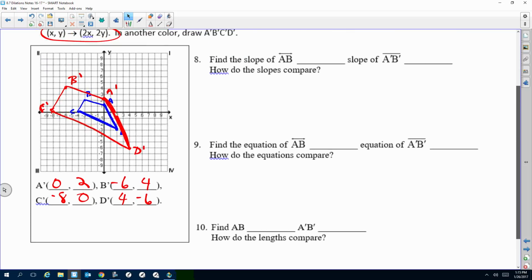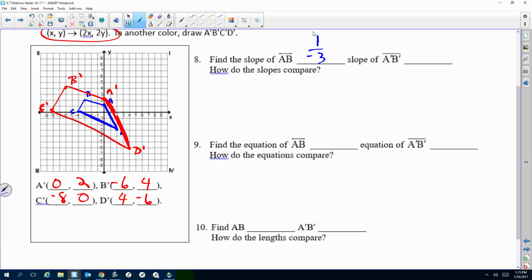Okay. They want us to find the slope of A to B. So the slope, rise over run from A to B. Up how many? Up 1, 2, 3. And it's negative 2. Yeah. Sorry, my bad.